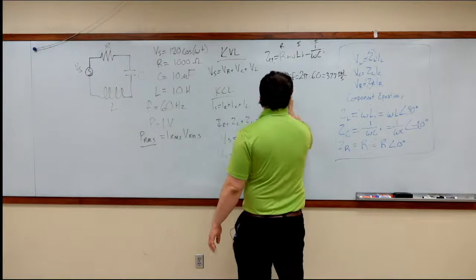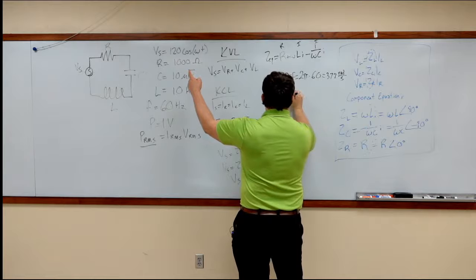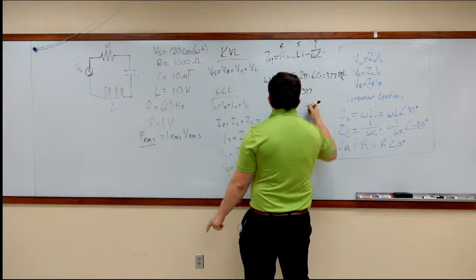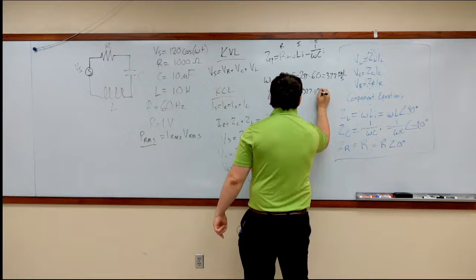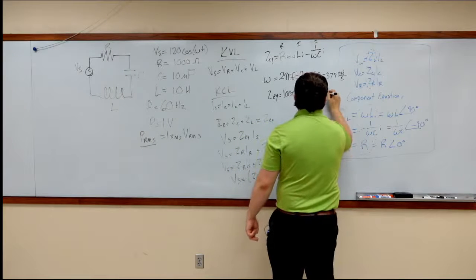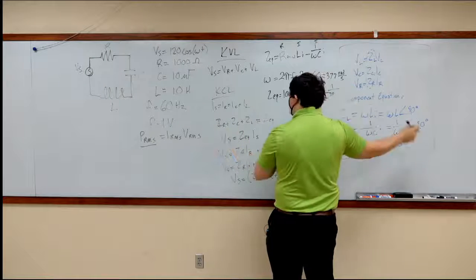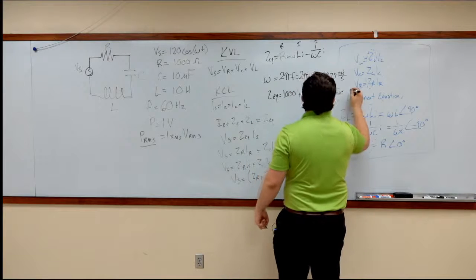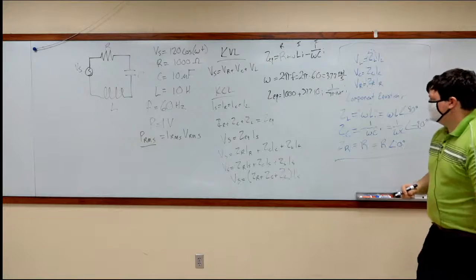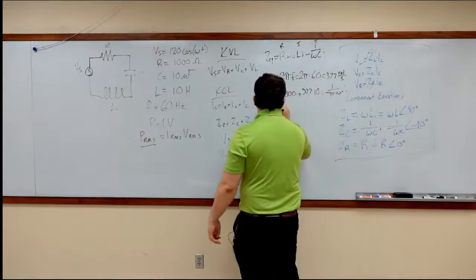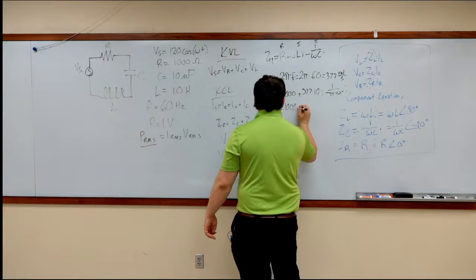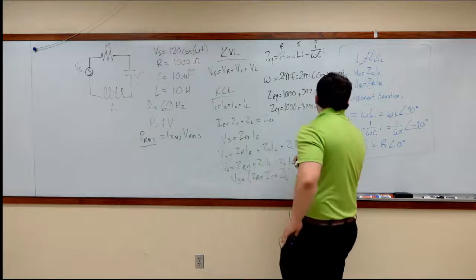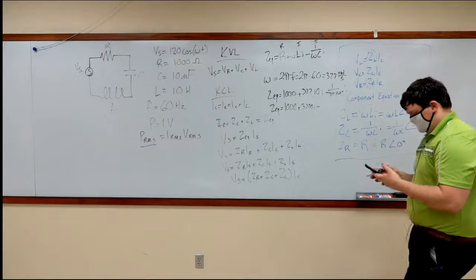So ZEQ is equal to our R value, 1,000, plus 377 times 10 I minus 1 over 377 times 10 microfarads, which is 10 times 10 to the negative 6th I. So this becomes ZEQ is equal to 1,000 plus 3770 I minus, well, this is going to be a big number.